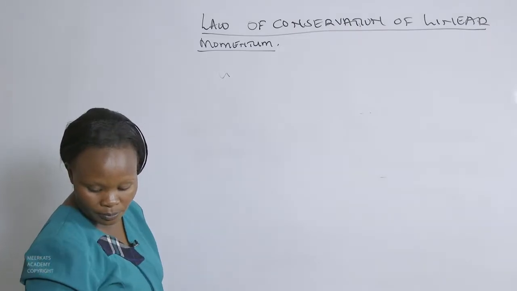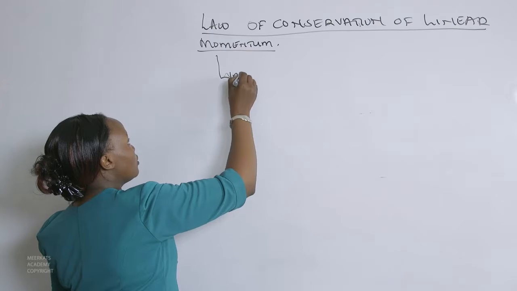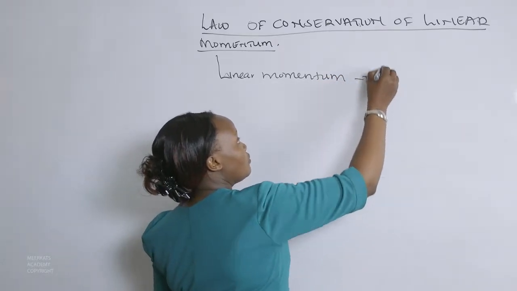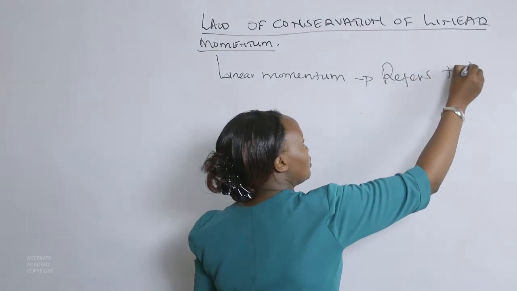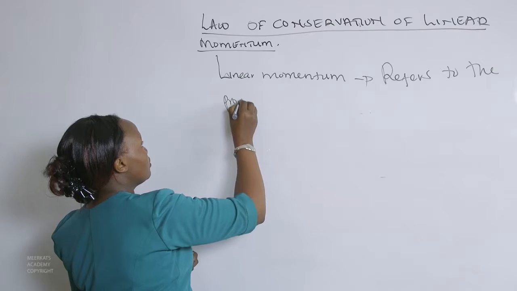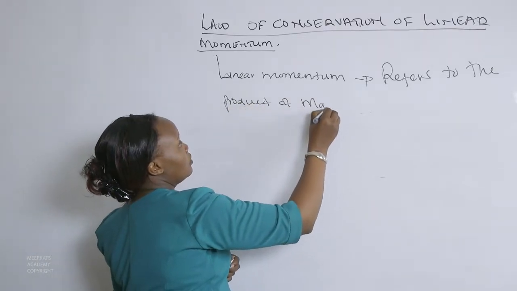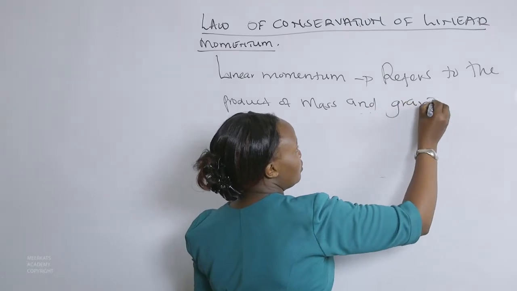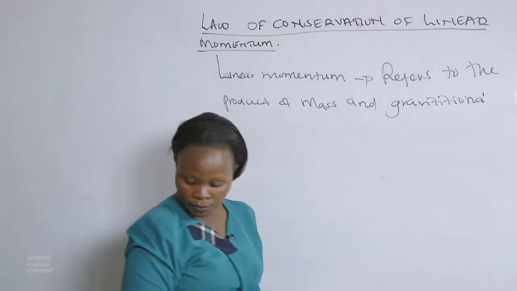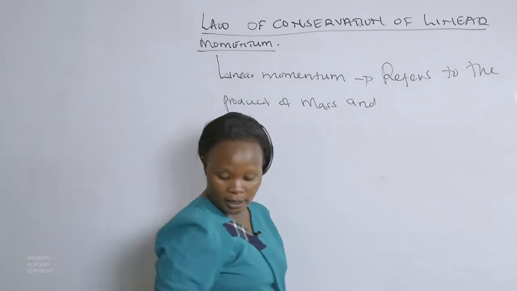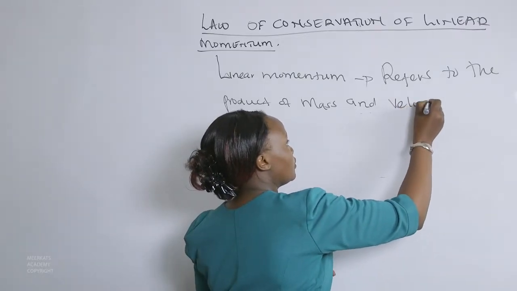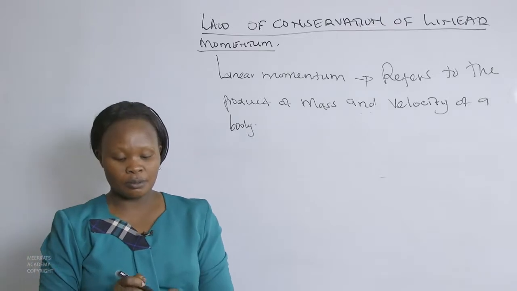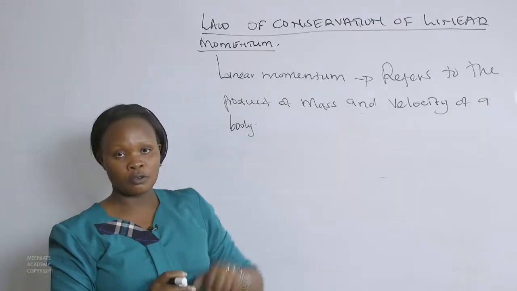Linear momentum refers to the product of mass and velocity of a body.